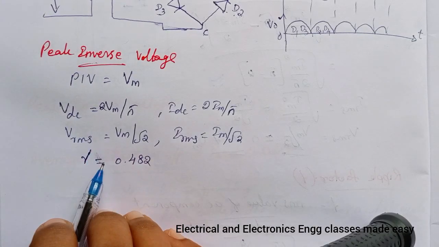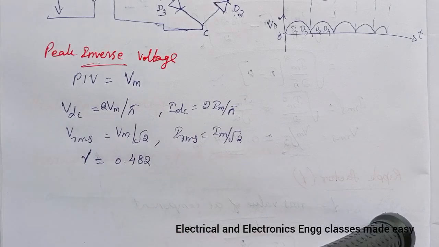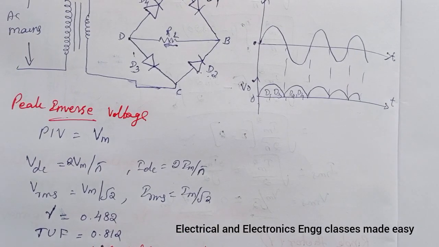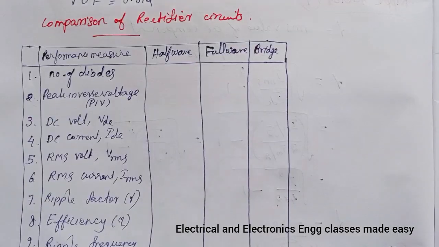That is, these factors are similar to the center tapped full wave rectifier. And transformer utilization factor is equal to 0.812 in the case of bridge rectifier.